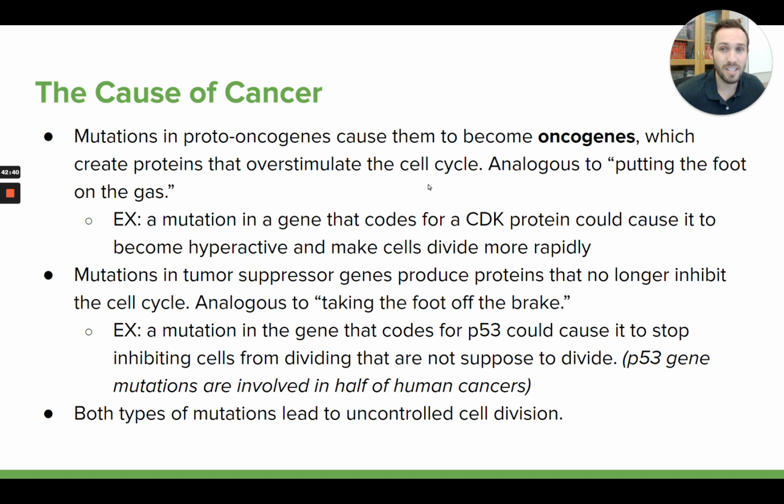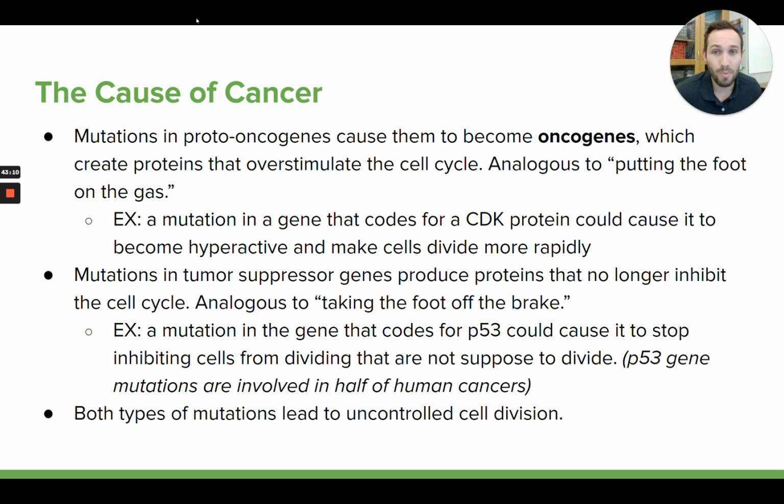They have accumulated a mutation that makes them way too sensitive or way too effective at doing what they're supposed to be doing, which, if you remember, the job of a proto-oncogene is to increase cell division. Sometimes a mutation in these proteins makes them increase cell division too much, way more than they're normally supposed to. That could lead to increased cell division and ultimately tumor formation and cancer.